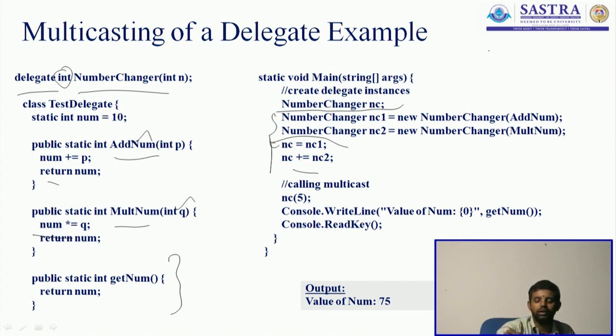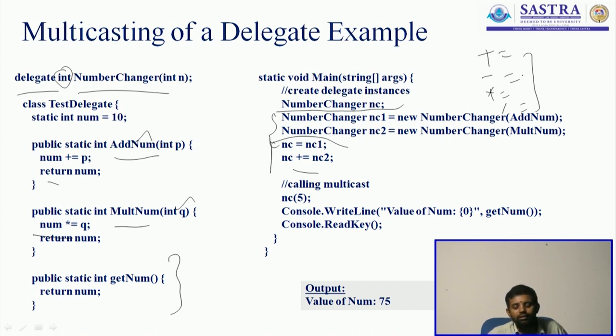Whatever operators are plus equal to, minus equal to, star equal to, division equal to, all these are collectively called assignment operators. Here we are following the approach nc plus equal to nc2, and then we are calling the multicast with the help of nc of 5. Like that, if you run it, you can see the outcome. The outcome is going to be 75.